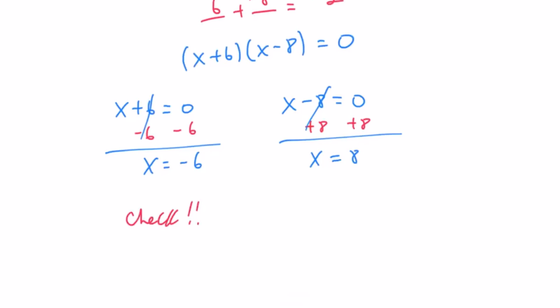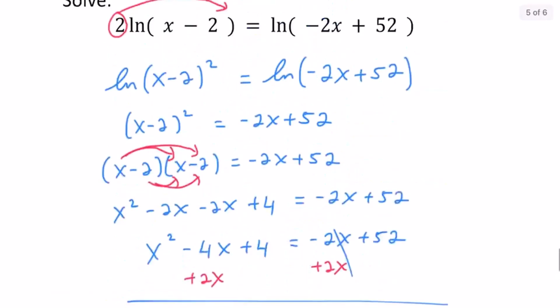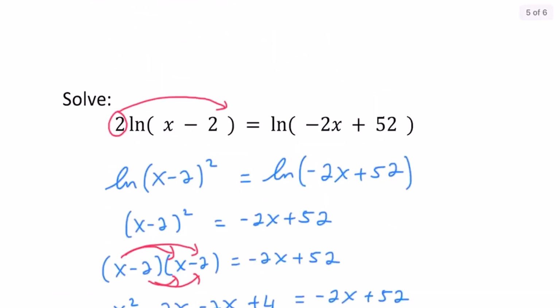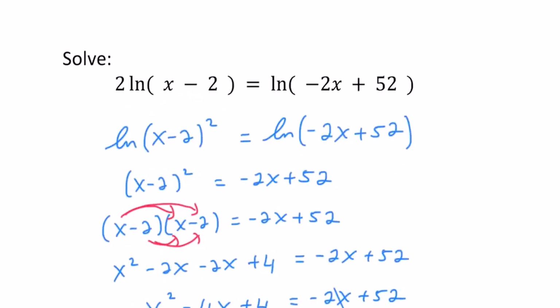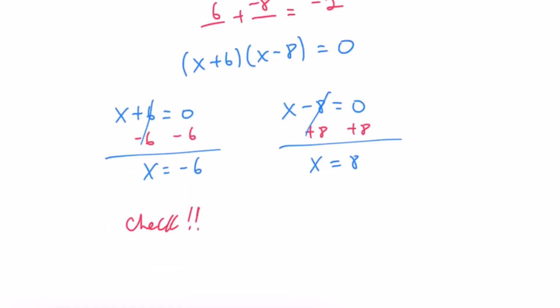So let's check. So let's first check for x is negative 6. So we have negative 6 minus 2. So this is negative 8 inside the log here. So that means negative 6 is not an answer. So negative 6 is out.